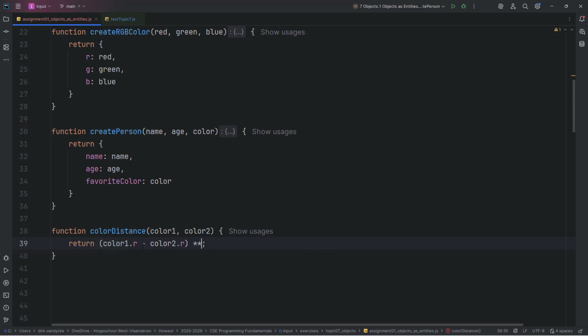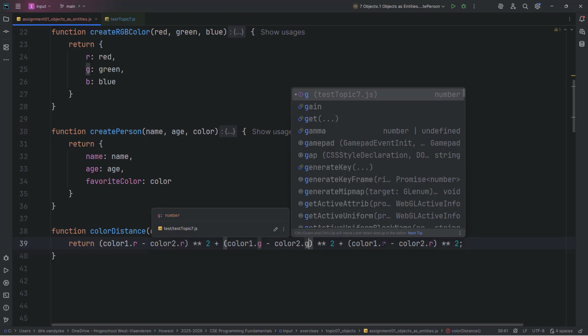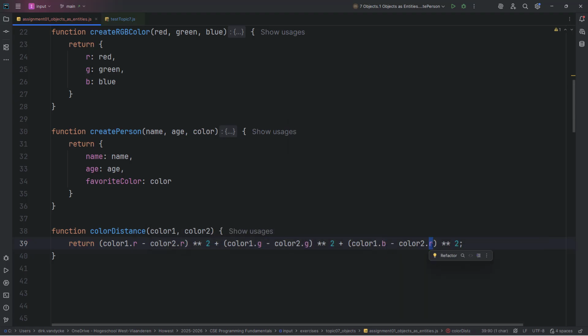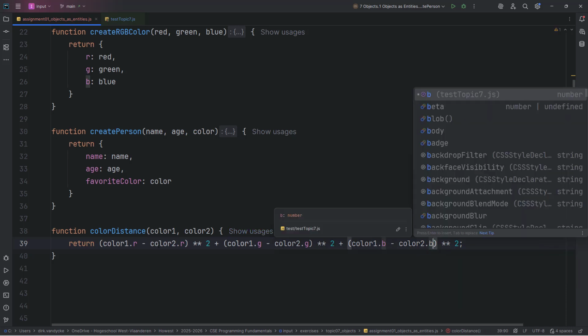We can do that with star star 2, and we can do the same for R, G, and B, and we're going to sum all these squares. Of course, I need to change R to G and B. So the sum of the squares of the differences for each color component.